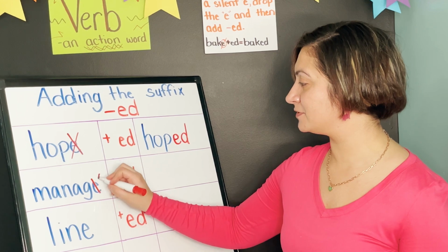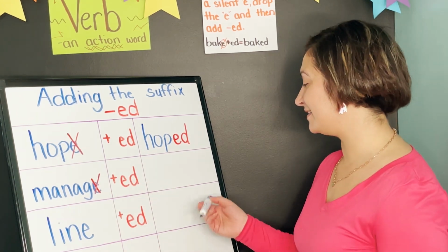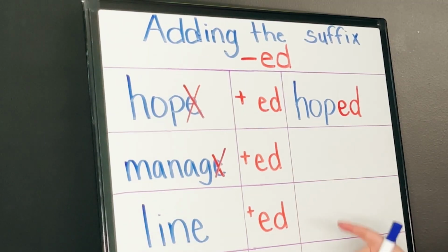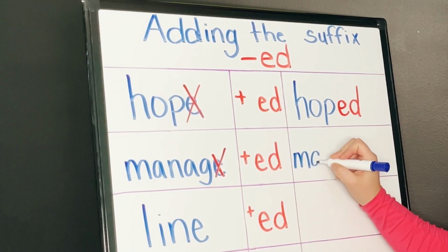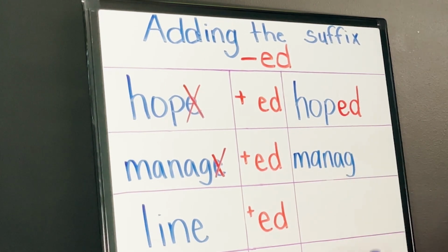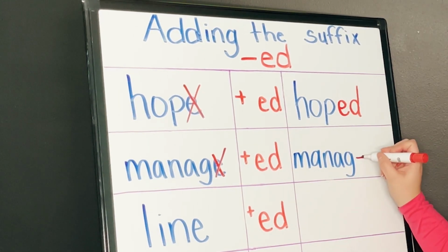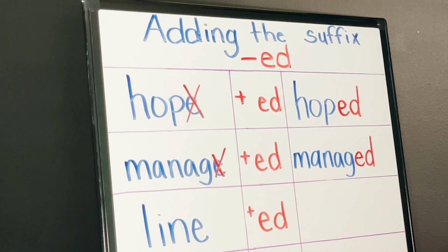You drop it, drop that E, and then we can add our ED. Nice. Why don't you go ahead and try spelling the word managed on your own. When you're finished, look up here and check your work. Managed. How'd you do? Nice.